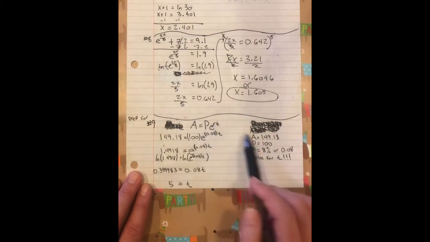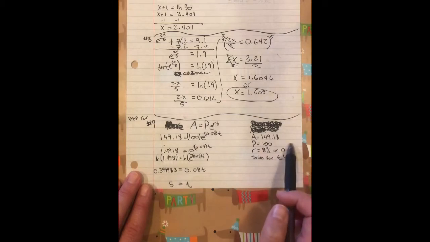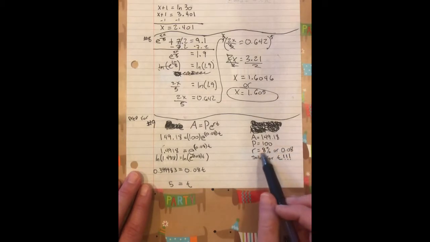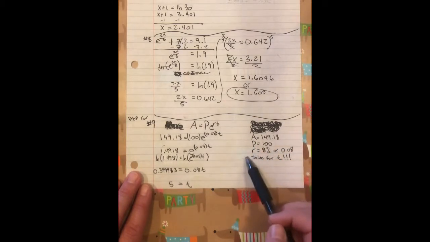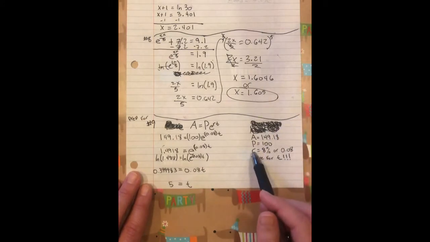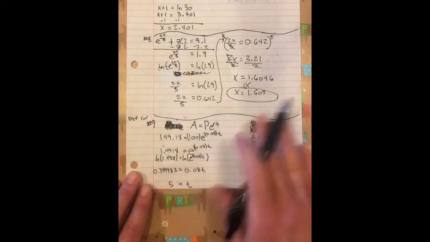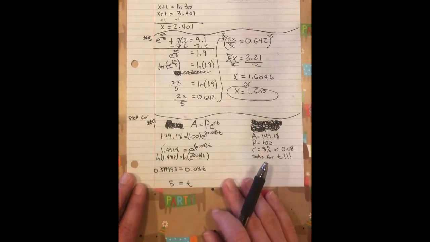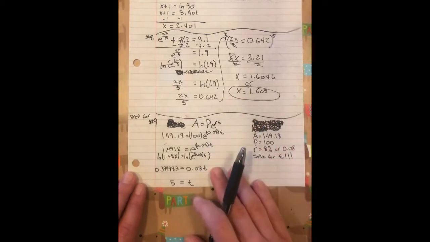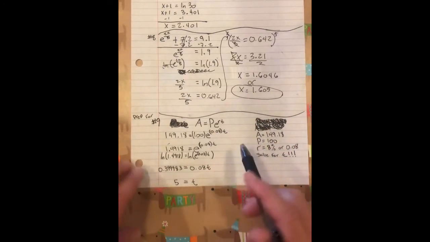Then we have R, which is rate. You're always going to use it in decimal form. And then T is always going to be time. In this gray problem, time is what we're solving for. In number 9, the rate is what we're solving for. The steps do not change. So just be careful with this. So here we go.